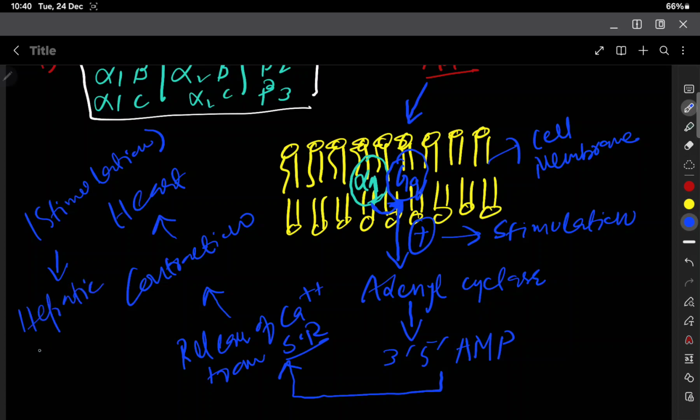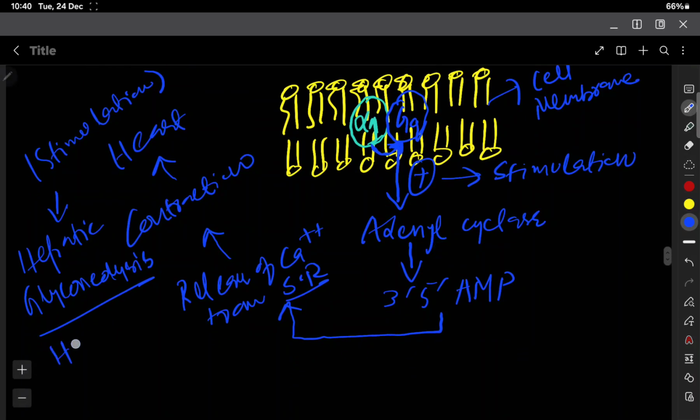It has much more functions, so I will just give simple examples here. It can also cause hyperglycemia, increase in the blood sugar level.